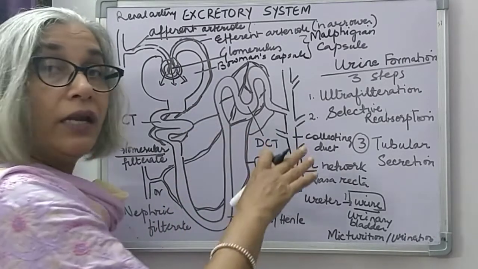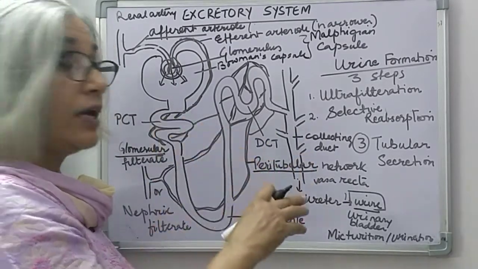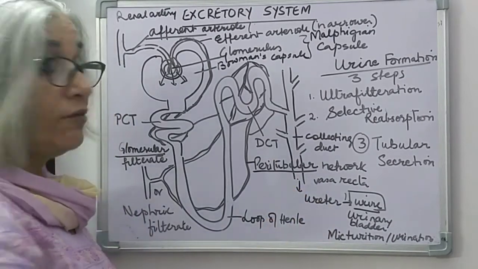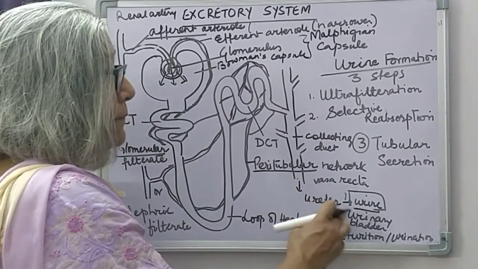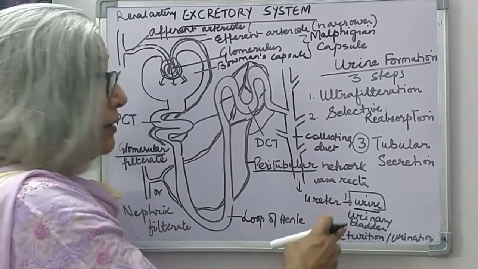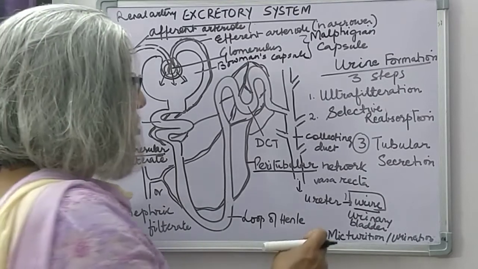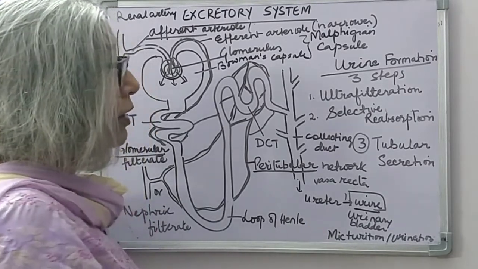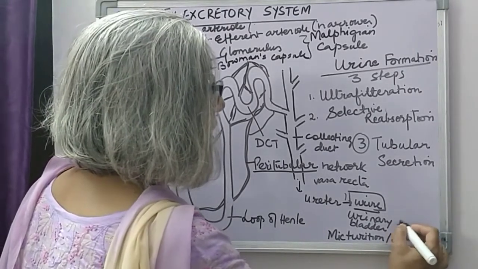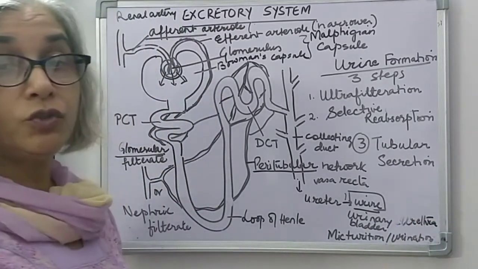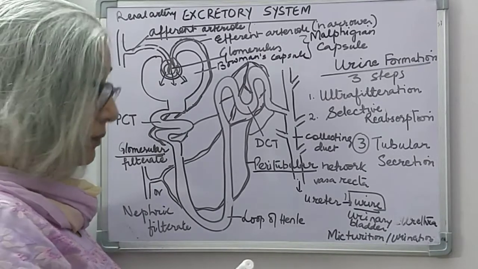So these collecting ducts come to the pelvic region and empty out their secretion, which passes through the ureter, is stored in the urinary bladder and removed from the urinary bladder through the urethra, which is called micturition or urination. From the urinary bladder, it goes to the urethra. So this is clear.